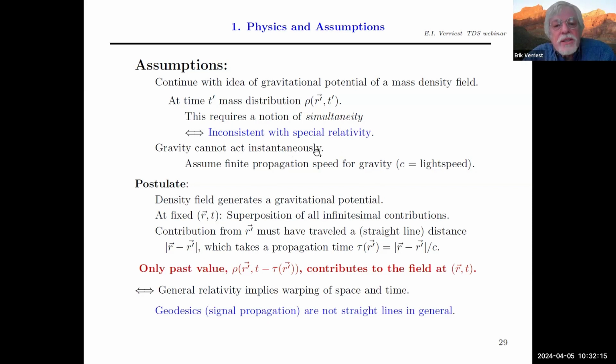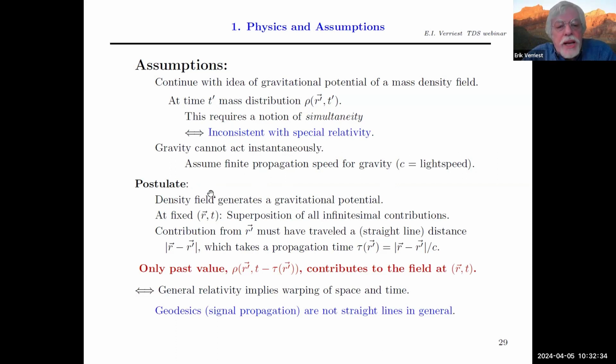That's my second argument. And I assume that the finite propagation speed for gravity is the light speed. It cannot be faster, or you could signal in principle using gravity, and that also will contradict the special theory of relativity.